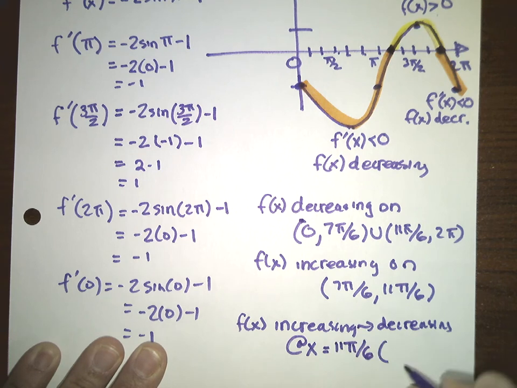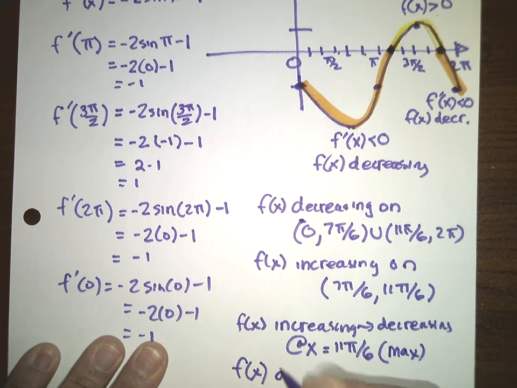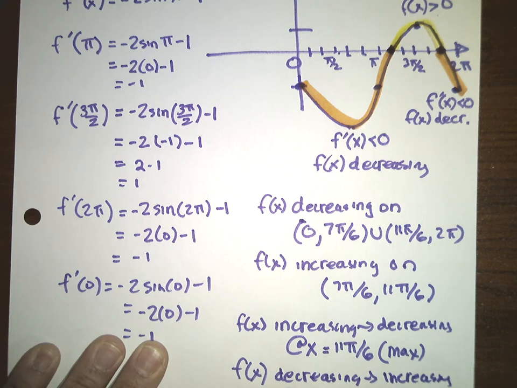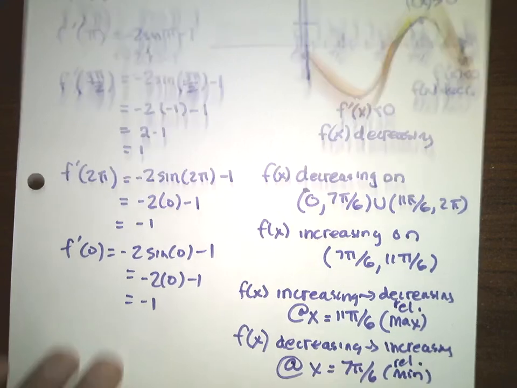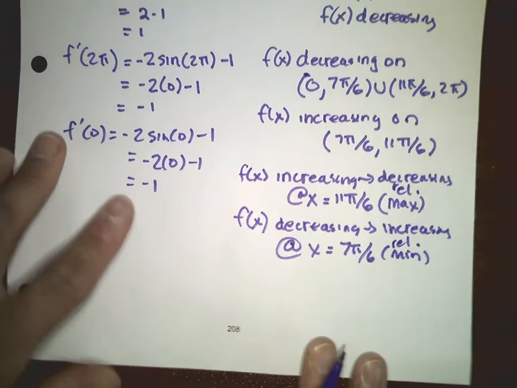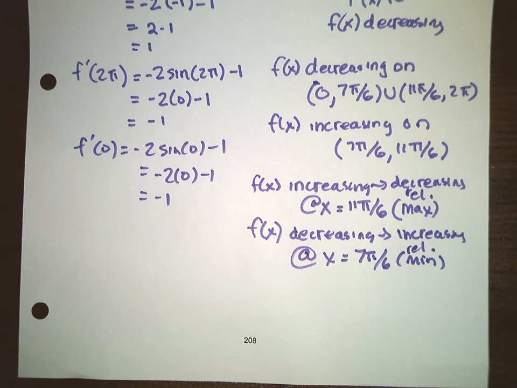So that means that's a point where there is a relative maximum. And the point where f of x is going from decreasing to increasing, that would be at x equals 7 pi over 6, and so there is a relative minimum.